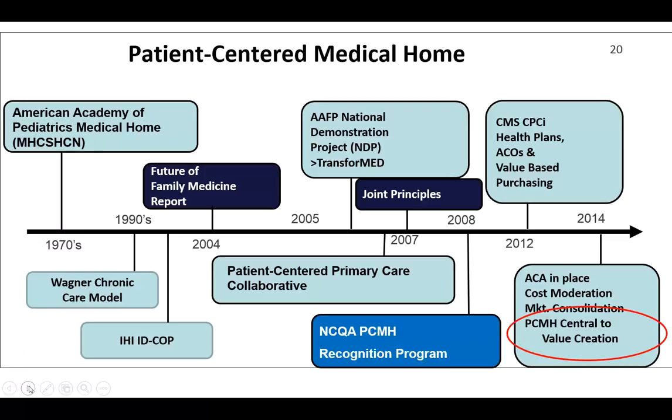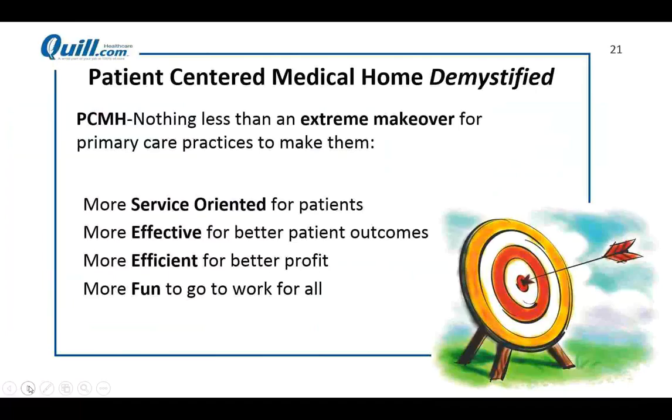So when we talk later about medical home, medical neighborhood, ACOs, Medicare Advantage, all of them must have a solid foundation around robust primary care. So I think that's really the take-home message from this slide.